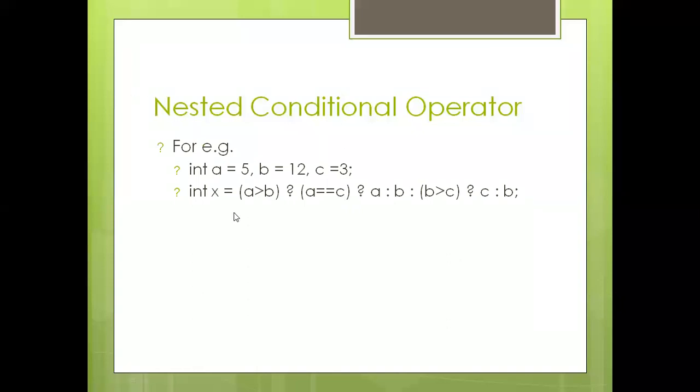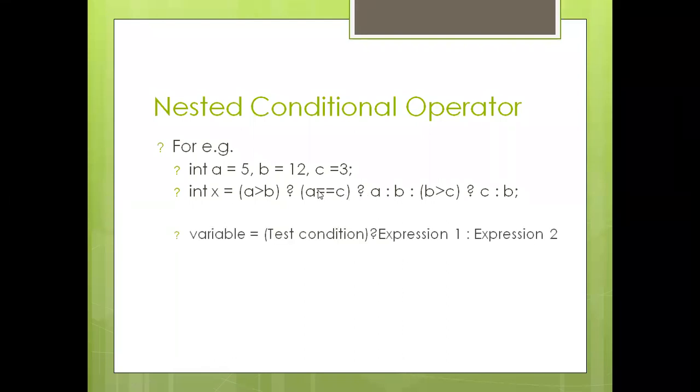So if A greater than B is true, another expression is checked. At the true part of this ternary operator we are writing another ternary operator. So it is going to be executed if A is greater than B.